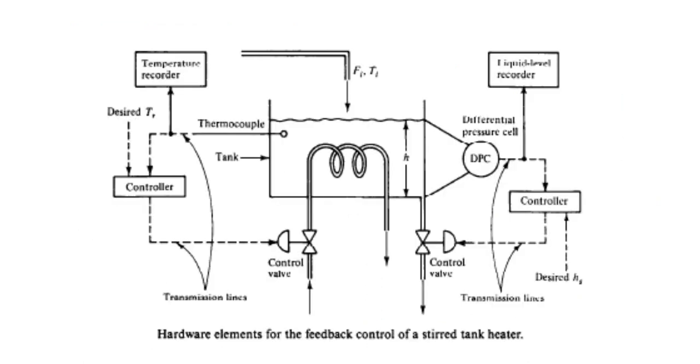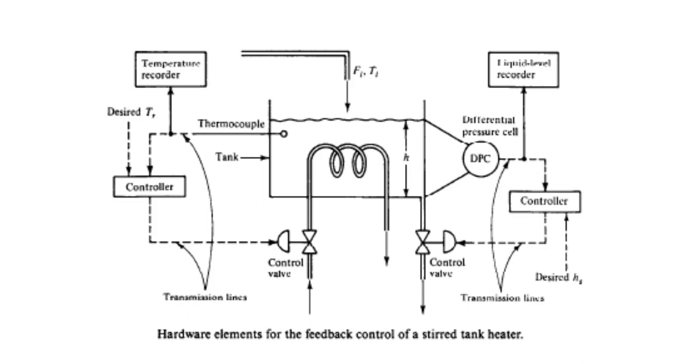Now if you look at this example over here, this is an example of a simple liquid level tank where there is an input represented by FI and there is the output. On the right hand side of this picture is a controller which is controlling the liquid level by controlling the outlet flow rate, and on the left hand side there is another control system which is controlling the temperature of the liquid in the tank.